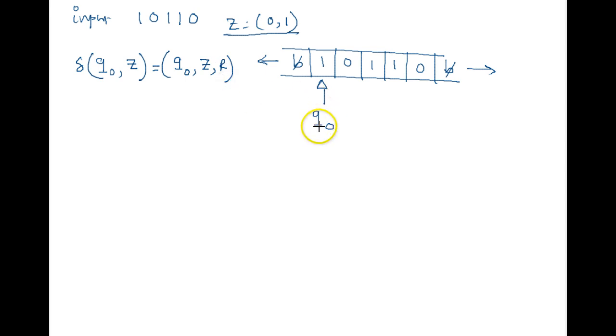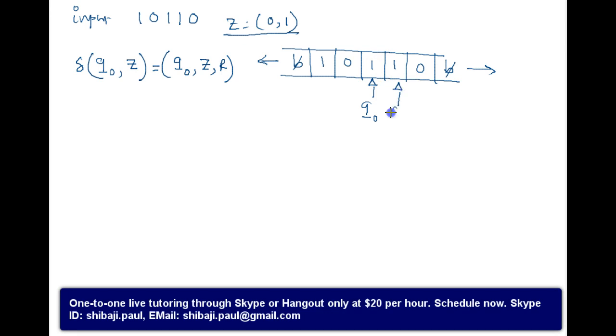So if you are in Q0, that means you are starting the machine and you have 1 here, we will just move towards right. We will move here in Q0 in the same way. Again we are getting 0, we will be moving towards right. Again we are getting 1, we will be moving towards right.